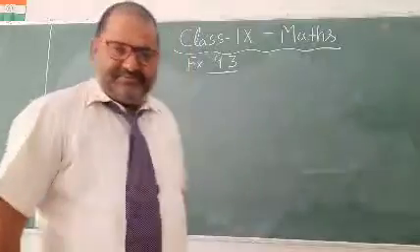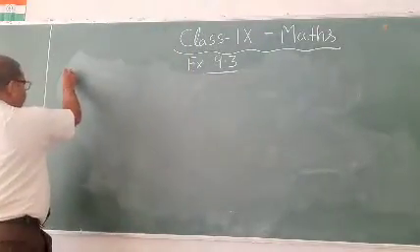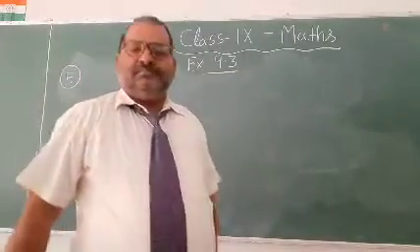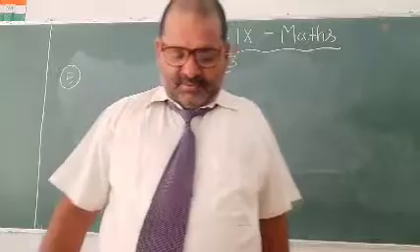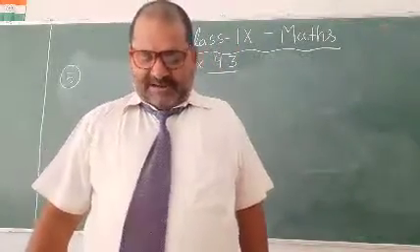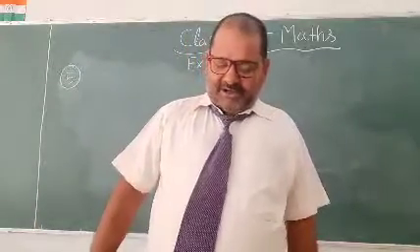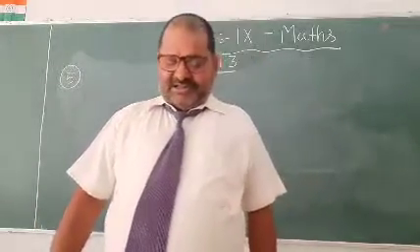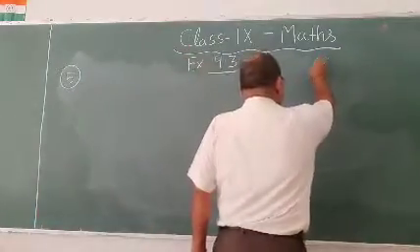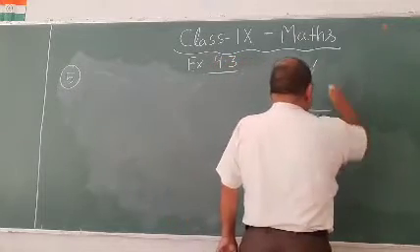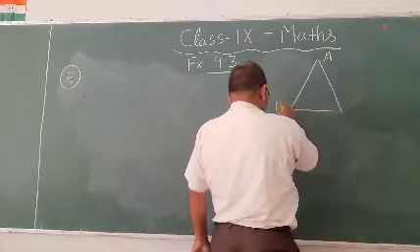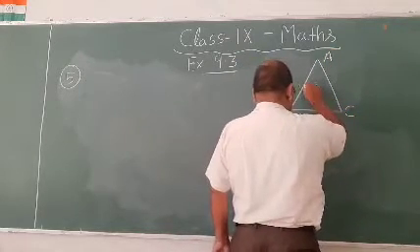Question number 5. D, E, F are respectively the midpoints of sides BC, CA and AB of triangle ABC.